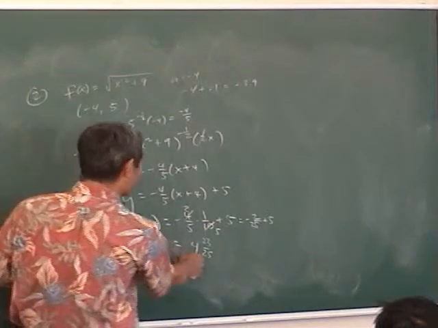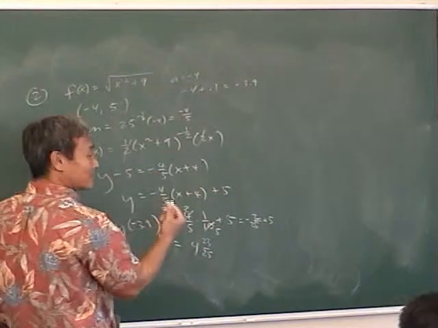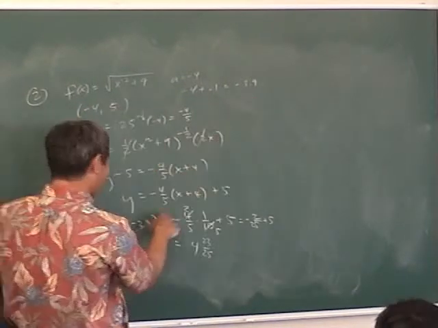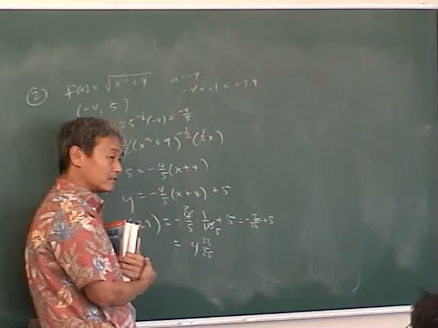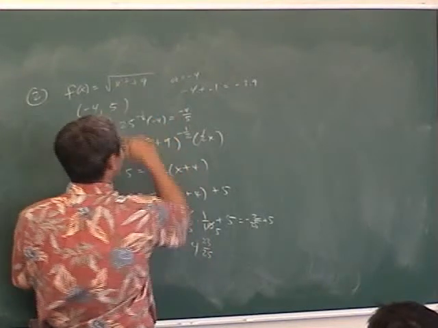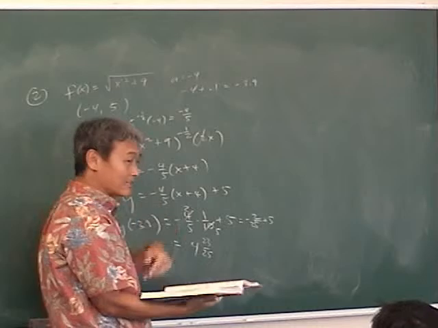So that is an estimate. If you take negative 3.9 and try to plug it into f, that's ugly and hard to figure out. But if you plug it into the line, it's easy: 4 and 23/25. So this is a good estimate, and you guys understand linearization?